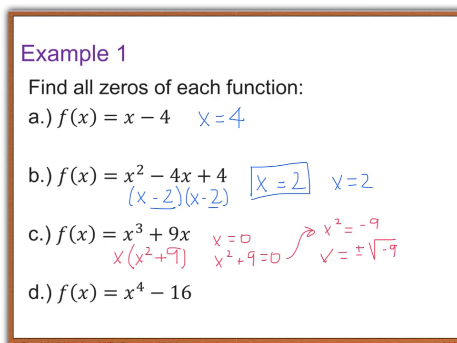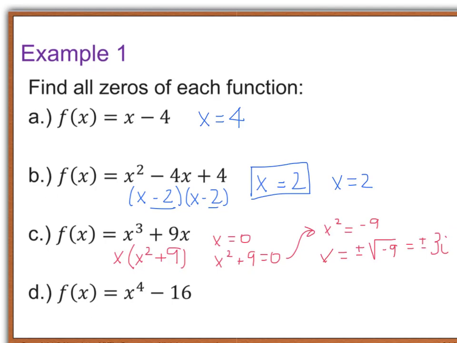In the last section, we learned that we could rewrite that as plus or minus i times the square root of 9, which was 3. So I really end up with plus or minus 3i as my solutions. So all of my zeros, or the three zeros, would be at x equals 0, x equals a positive 3i, and x equals a negative 3i.